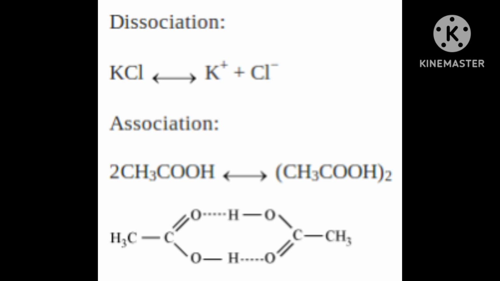Now another case I told you: association is also possible, where two molecules may become one molecule. The example I have already given: 2CH3COOH will dimerize and form (CH3COOH)2. In brackets you write CH3COOH, and outside the bracket you write 2.